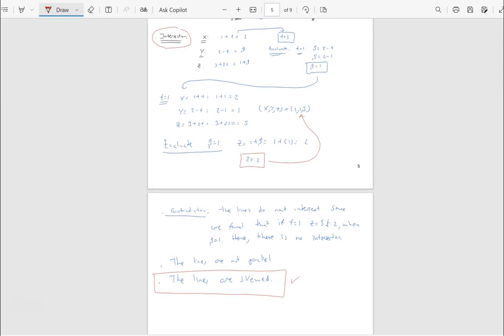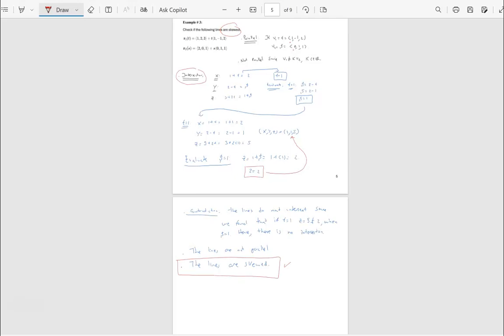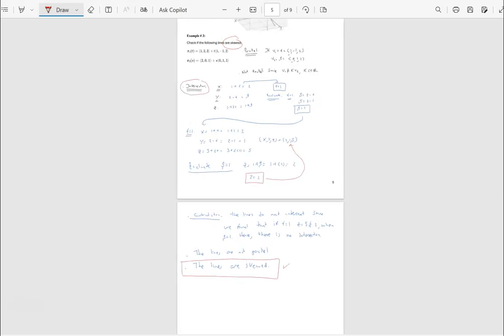Once again, we are asked to check if the lines are skewed. You first have to verify that they're not parallel. Also, if you are going to try to find an intersection, you have to be careful, because you can accidentally conclude that you have a point, and this point provides us a contradiction.